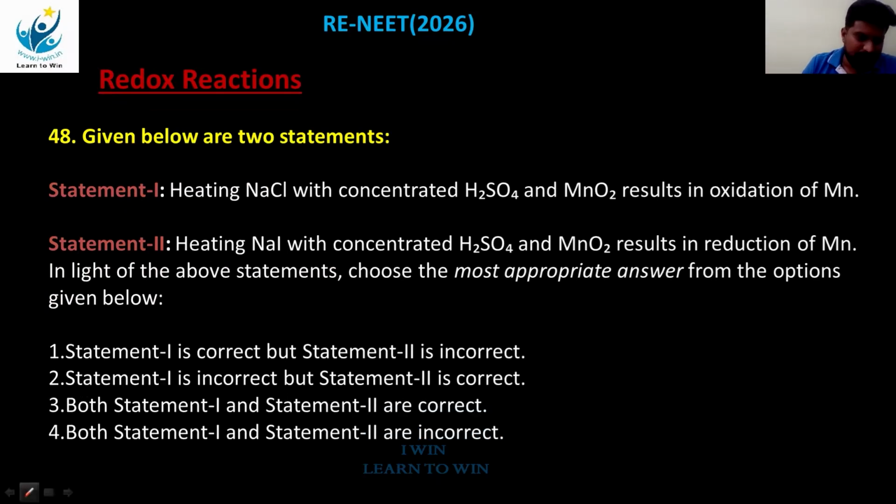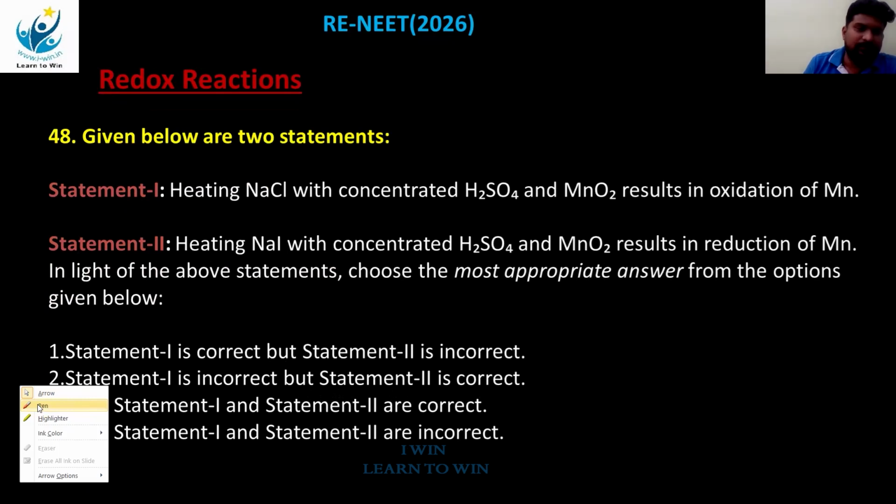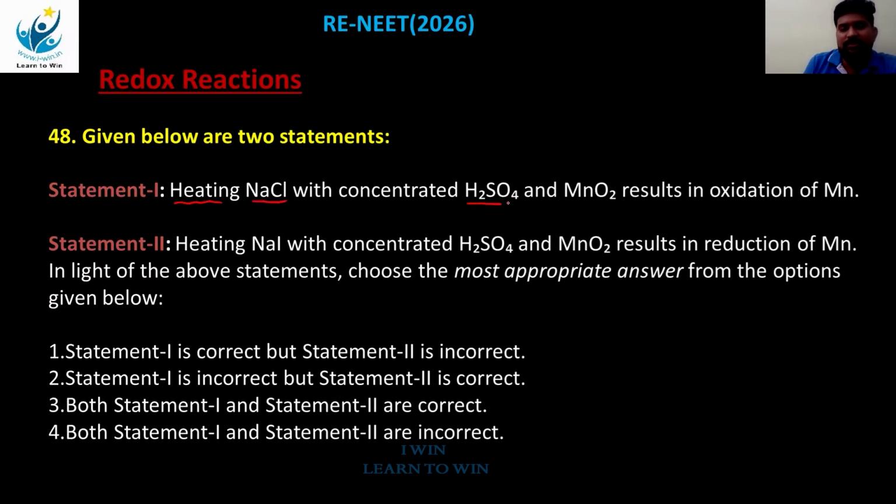Now, the statement is saying heating NaCl with H2SO4 and MnO2 results in the oxidation of Mn. Let us try to understand it. Before going to the first statement's explanation, let us look at the second statement also.